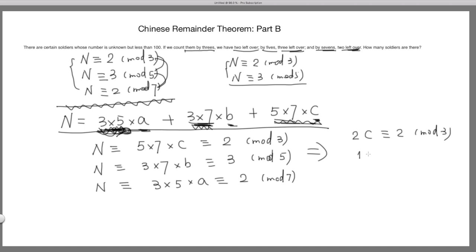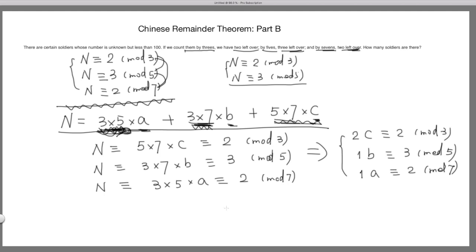So 1 times b is going to be congruent to 3 modulo 5. And 3 times 5 is 15, which is congruent to 1 modulo 7. So 1 times a is 2 modulo 7, sorry.